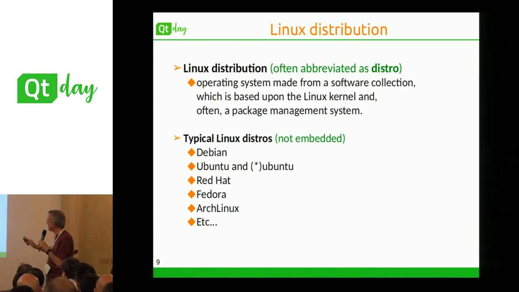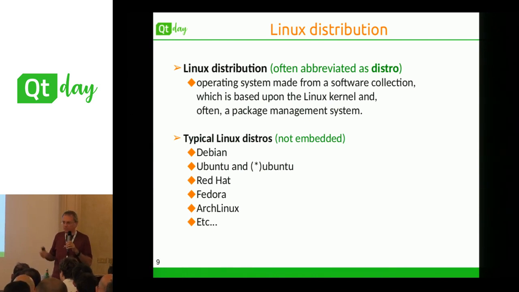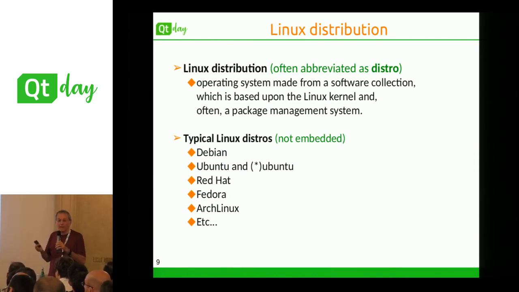In any case, the typical non-embedded distributions are quite big and heavy, so if you want to use them in an embedded system, you need to cut them down, removing all the components that are not important for your system.